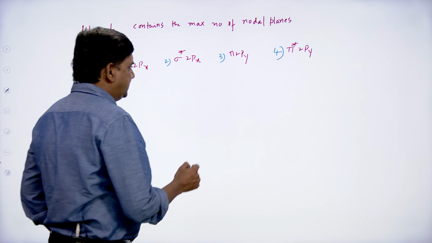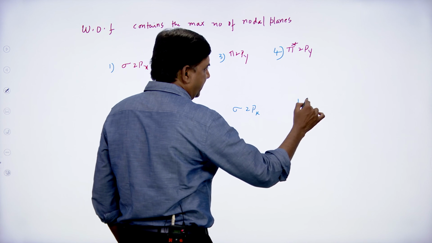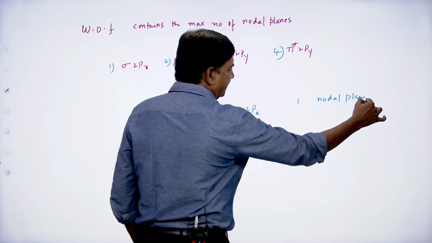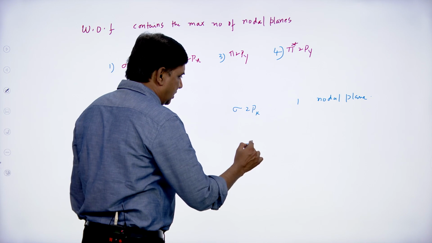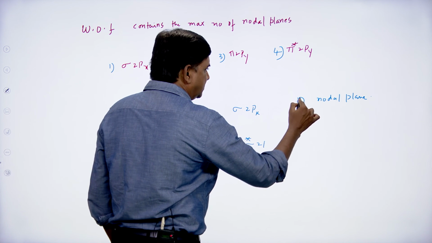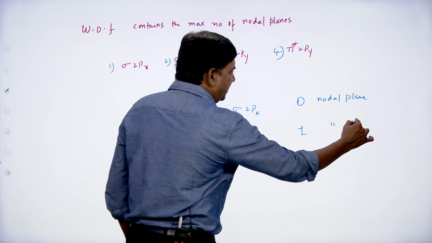Already I told you students, sigma 2px contains 1 nodal plane. And sigma star 2px contains 0 nodal planes.